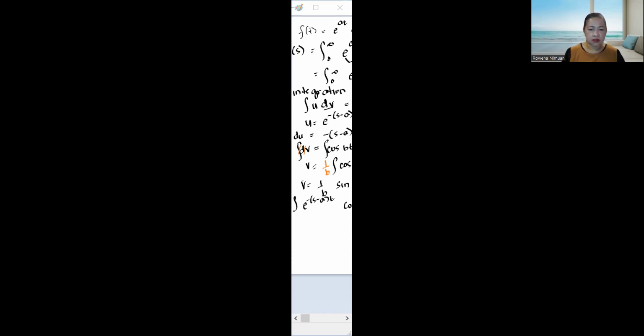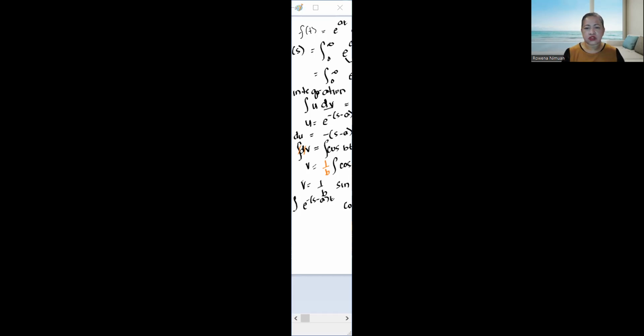So this one will be 0. Then multiplying that with this one, which is equal to 1, it will become s minus a over b squared.